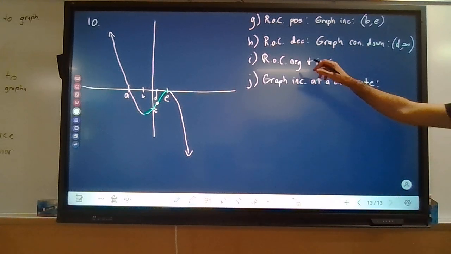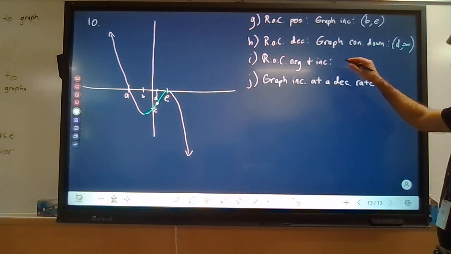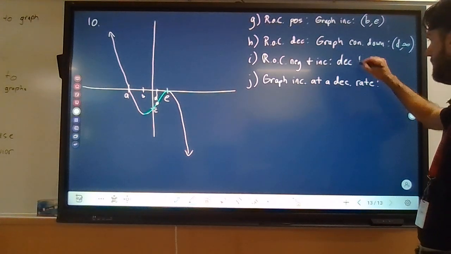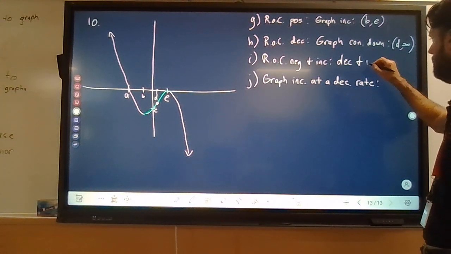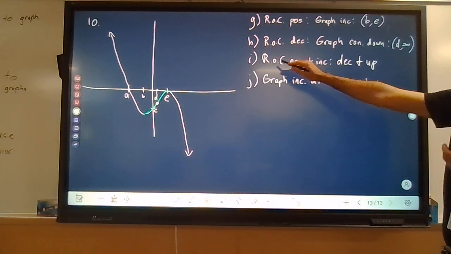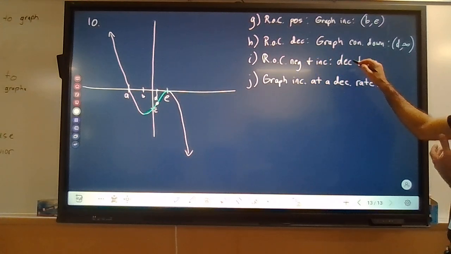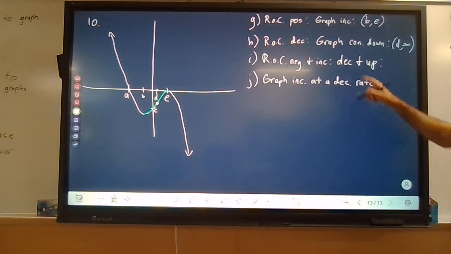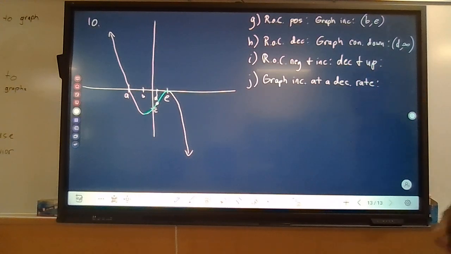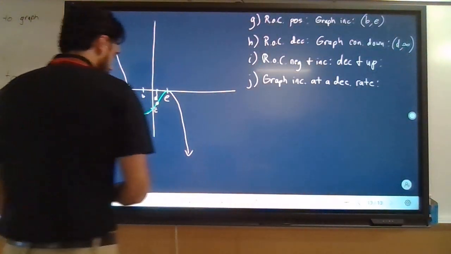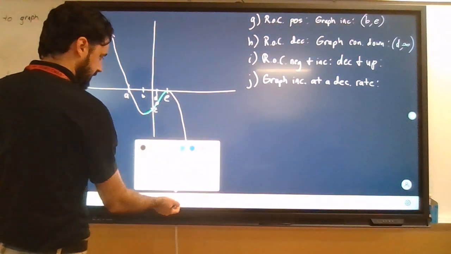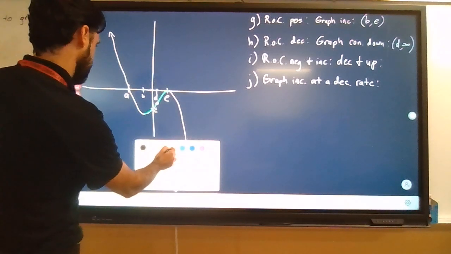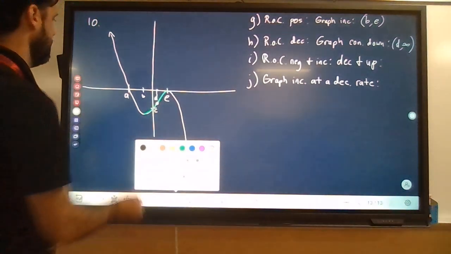When is the rate of change both negative and increasing? That means when is the graph decreasing and concave up. The rate of change is negative when the graph decreases. The rate of change is increasing when the graph is concave up. So let's see, when is the graph both decreasing and concave up? Well, let's look at the part of the graph where it is concave up.